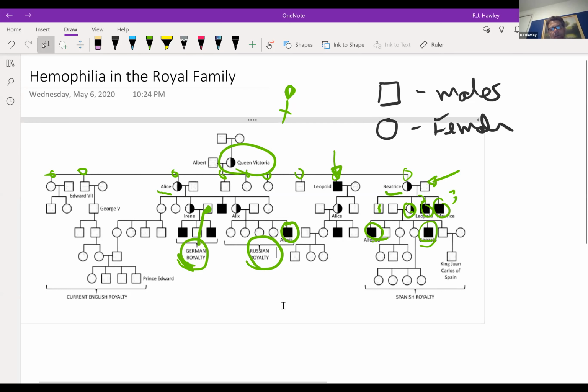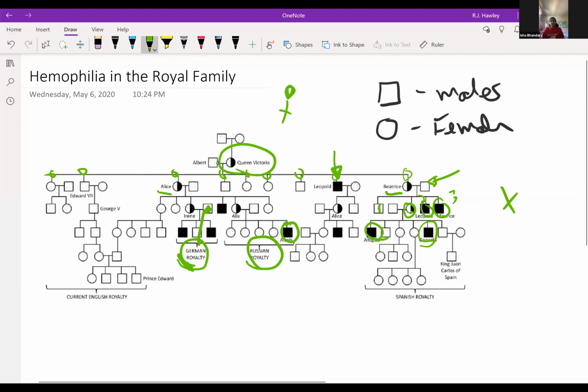Is this a dominant or a recessive trait we're talking about, Isha? Wouldn't it be dominant? So in males, it looks dominant, but in females, it's actually recessive, because they have another good X chromosome. Remember, they have an X chromosome and another one that's diseased.